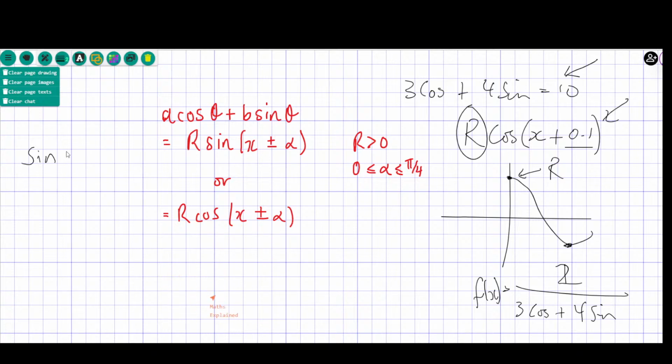You do have the sine function, but in further maths we also have the shine function. We have cosine, but we also have cosh, spelled like this.